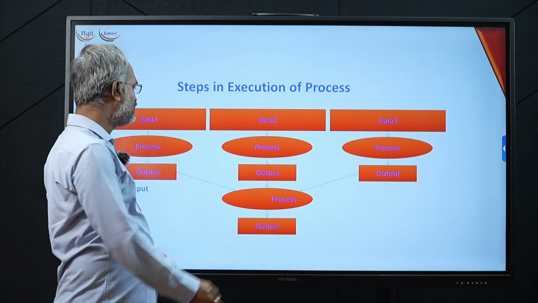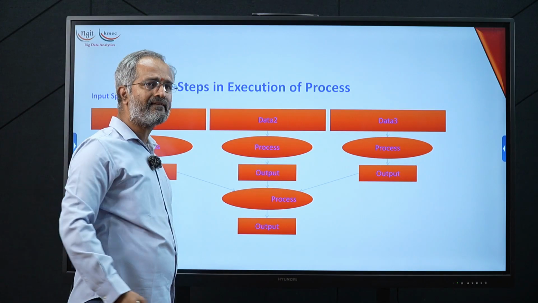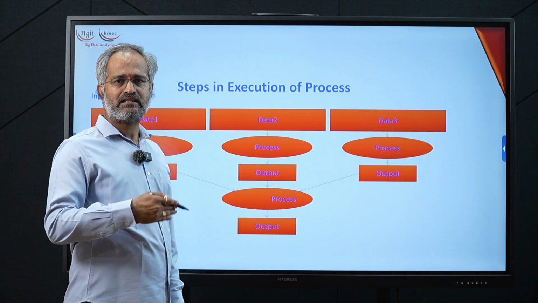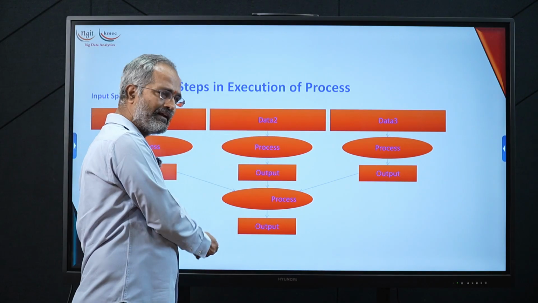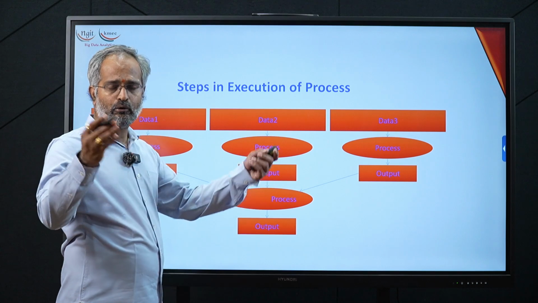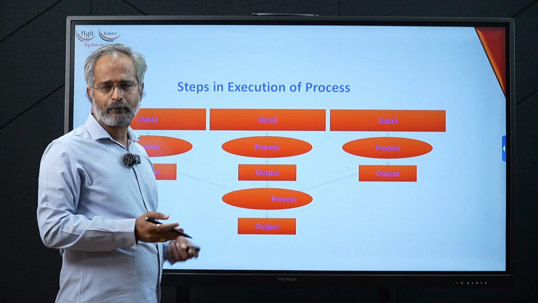Now if you observe, there are two kinds of processes we are executing. The first one is the process which is executing for each and every split, and the second type of process is to aggregate the outputs of all the previous processes.